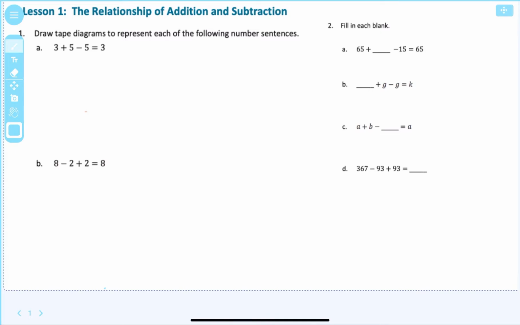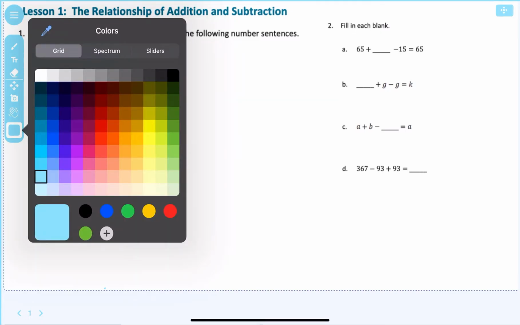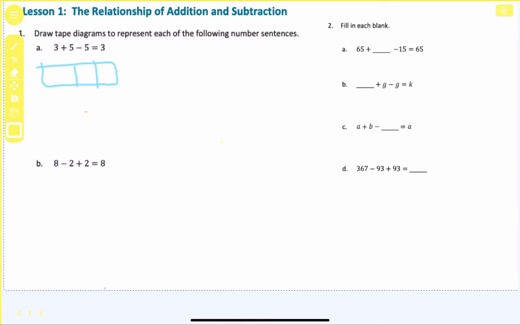So, what we're going to do is start with 3. And then it wants us to add 5 to it. Well, let me add 5 with a different color here. Let's go to yellow. If I add 5, we're going to act like these are the exact same.